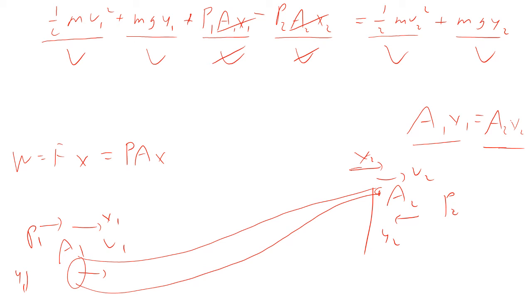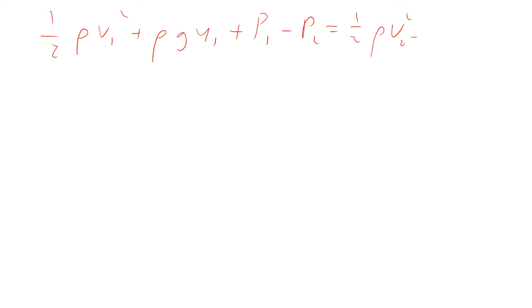And then mass over volume is density. So I have 1/2 rho V1 squared plus rho g Y1 plus P1 minus P2 equals 1/2 rho V2 squared plus rho g Y2.